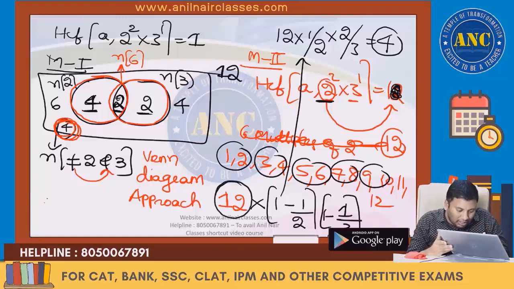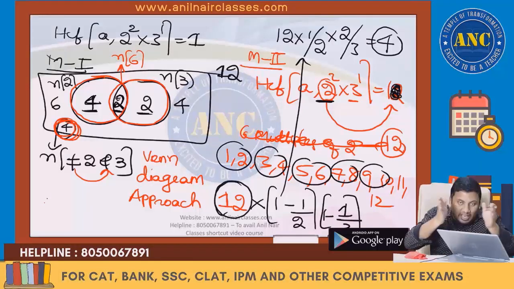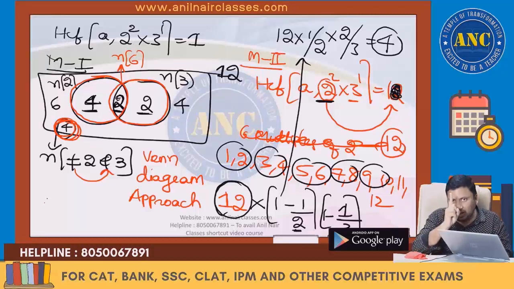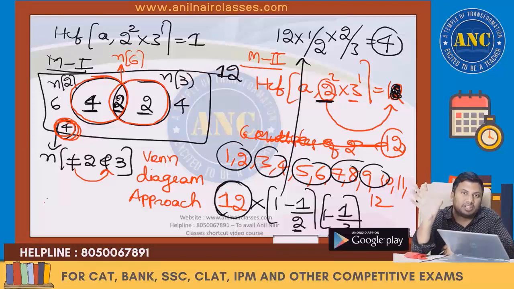Out of total numbers, take any 2 consecutive numbers. For every 2 consecutive numbers, one number is divisible by 2. How many are not divisible? 1 minus 1 by 2. For every 3 consecutive numbers, take 3, 4, 5. 3 is divisible by 3. How many are not divisible? 4 and 5, which is 2 by 3.